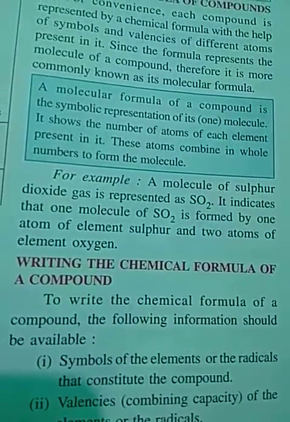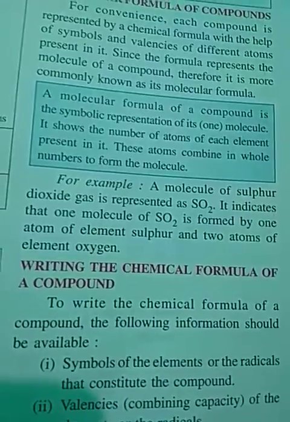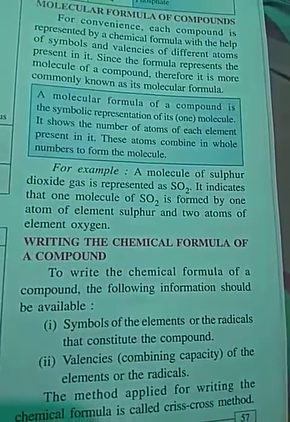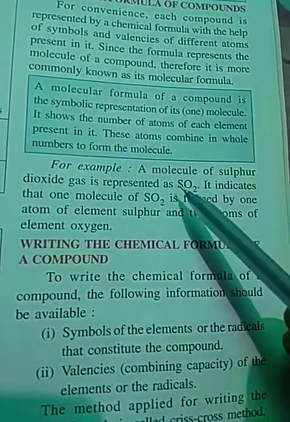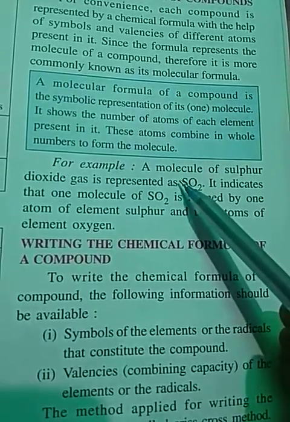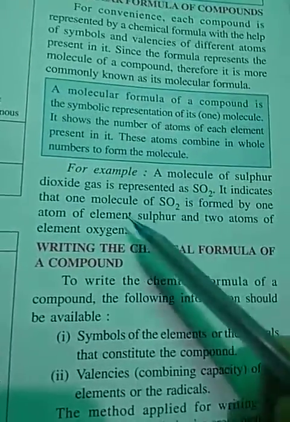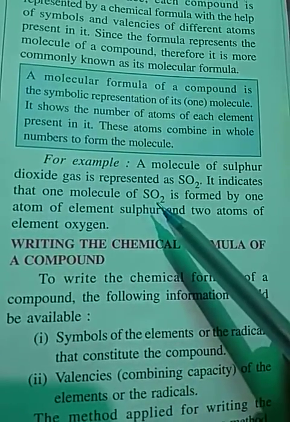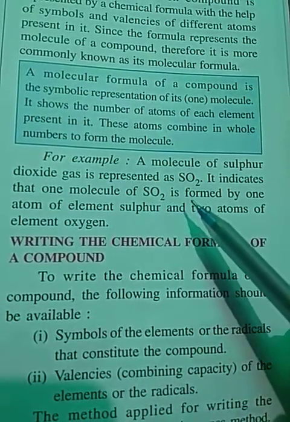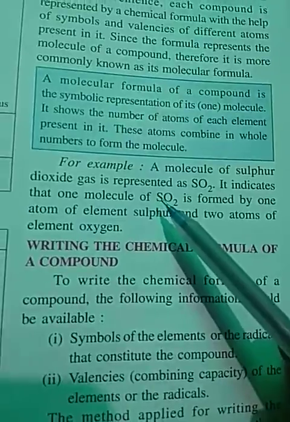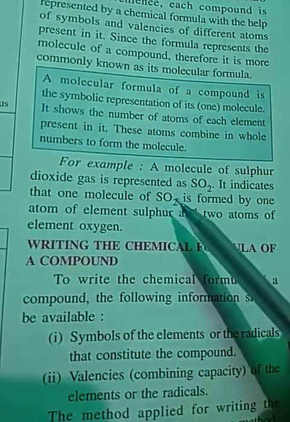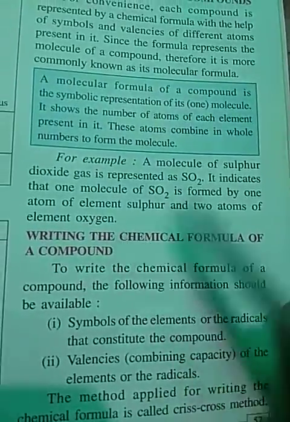So it always represents a whole number. For example, here one molecule of SO2, nothing is written here, means it is one molecule of sulfur dioxide, and it is made up of one atom of sulfur and two atoms of oxygen.